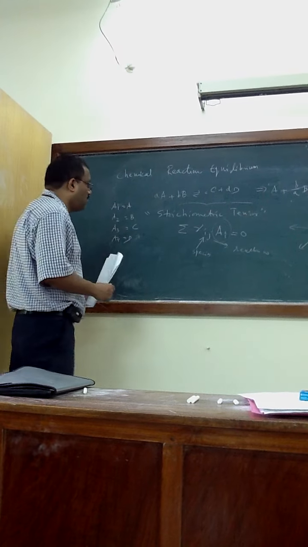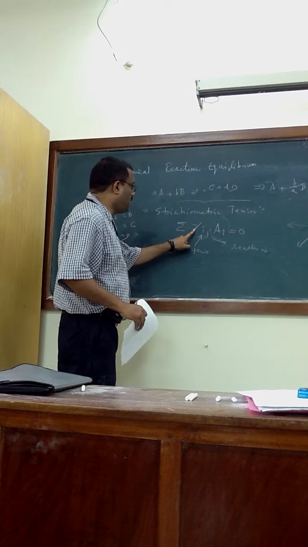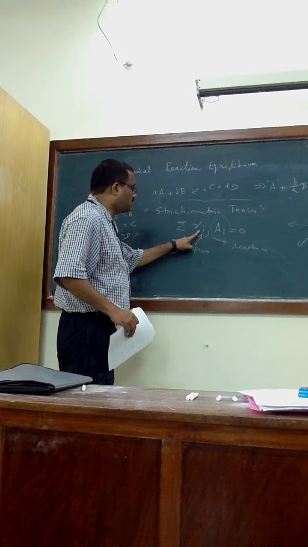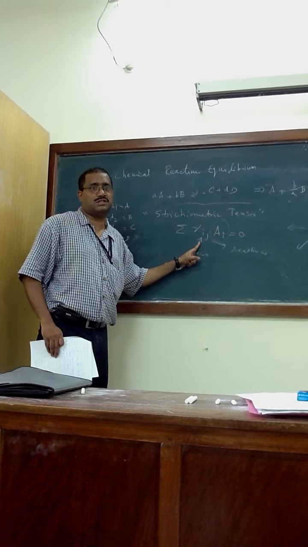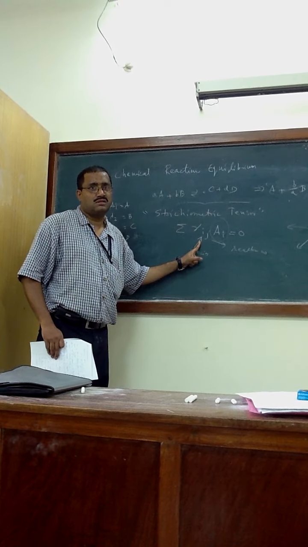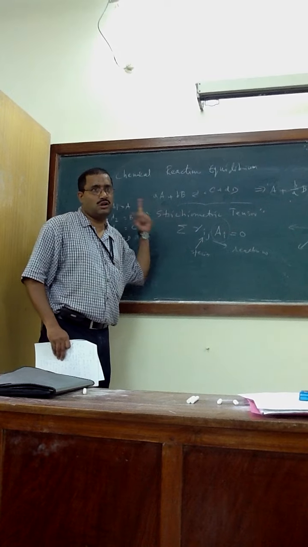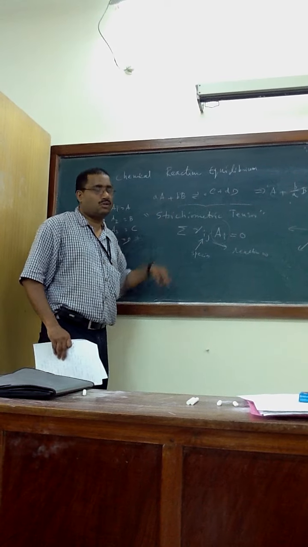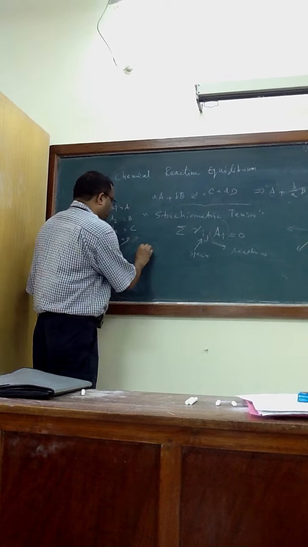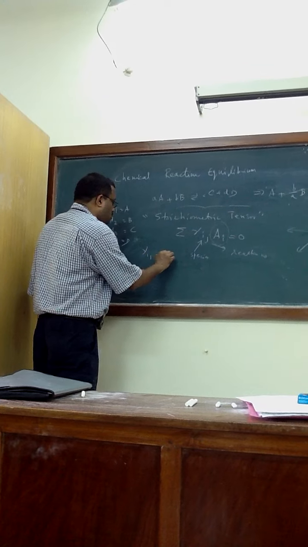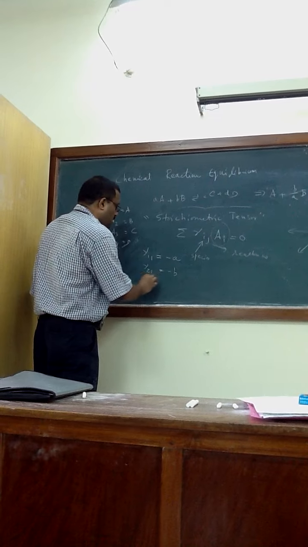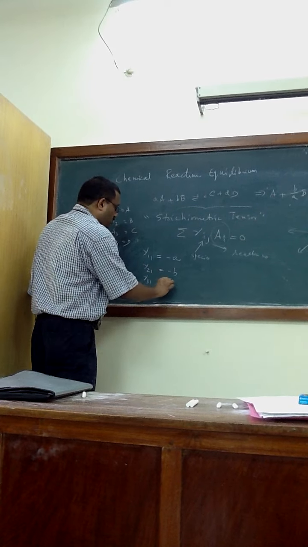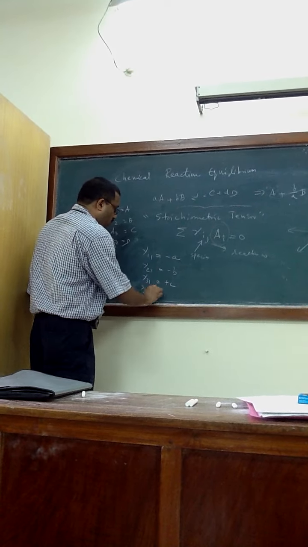So now, this nu_ij talks about the stoichiometric coefficient of the jth reaction for the ith species. My j is 1. There is only one reaction here. So my nu_1 equals minus a, nu_2 equals minus b, nu_3 equals plus c, nu_4 equals plus d.